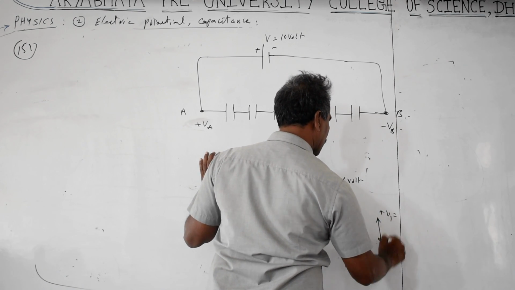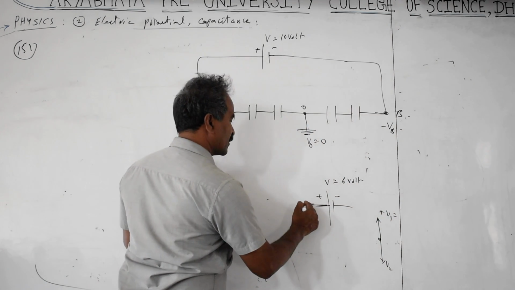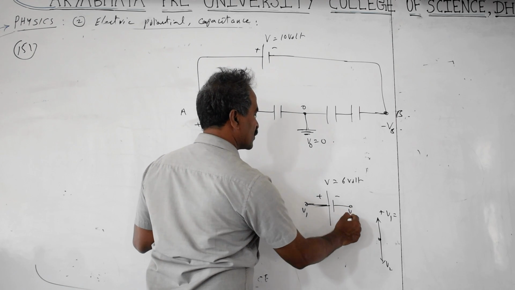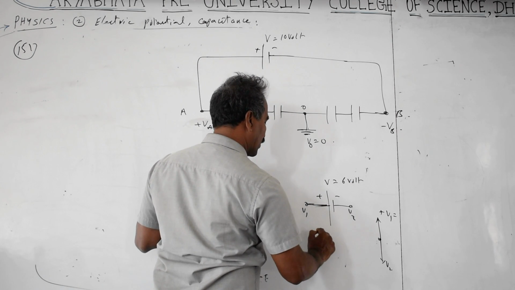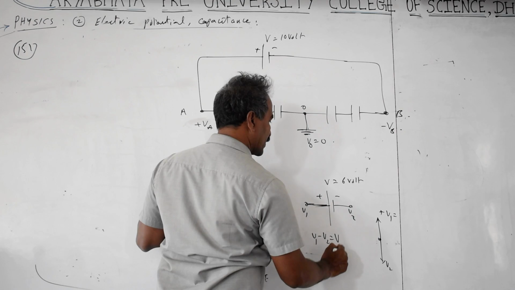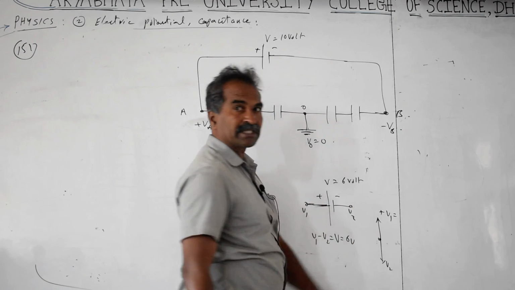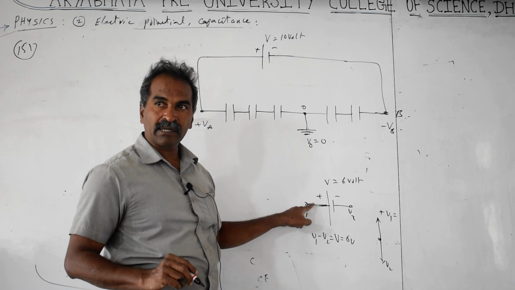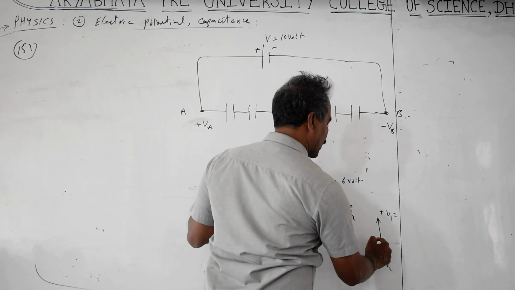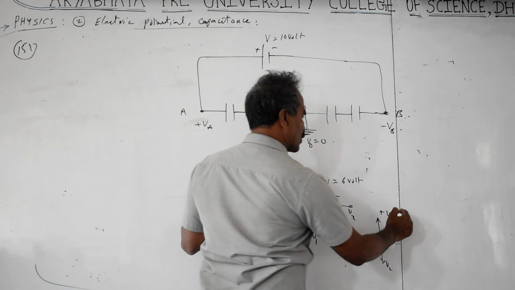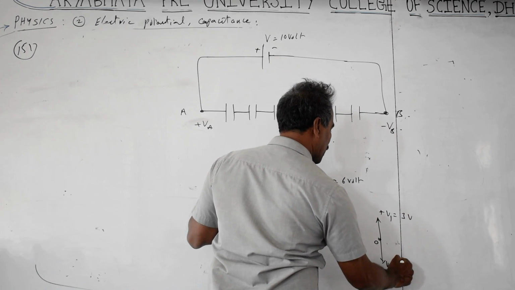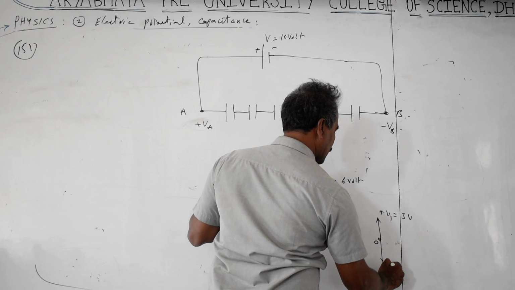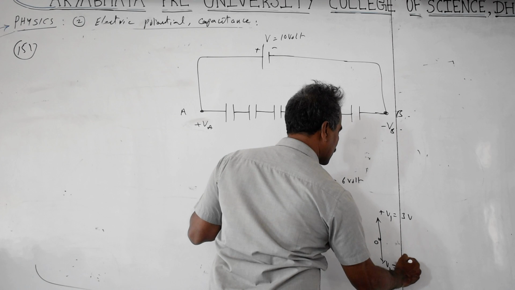So, V1 I will take, V2 I will take. V1 minus V2 is V, that is equal to 6 volts. Difference should be 6 volts. So, with respect to neutral, how much is this voltage? This is 0, I will take neutral with respect to this. So, this is going to be 3 volts and this is going to be minus 3 volts. V2 is minus 3 volts.